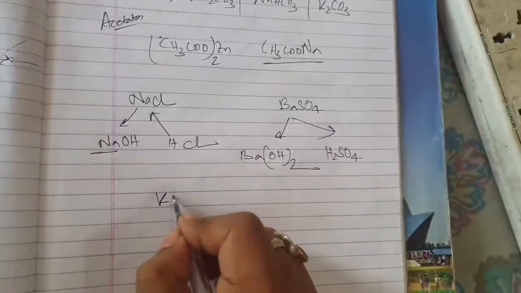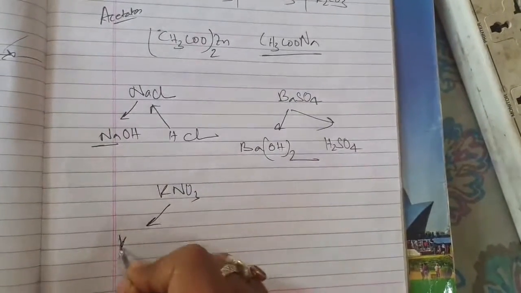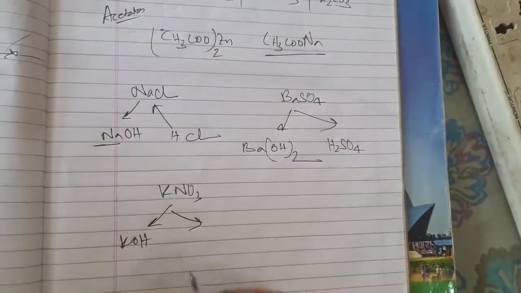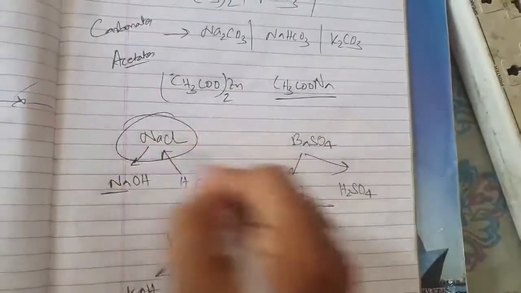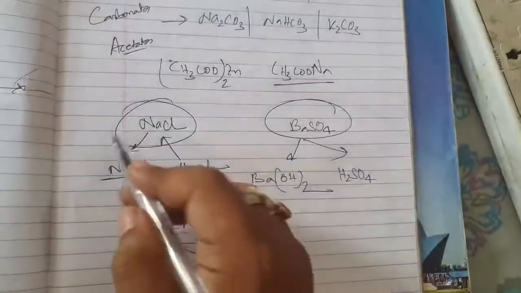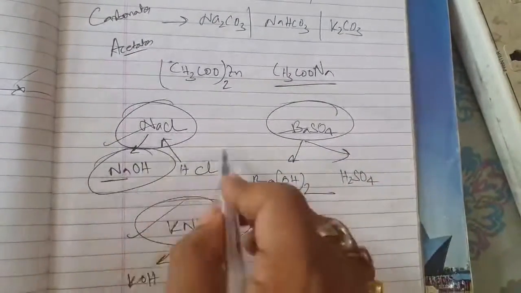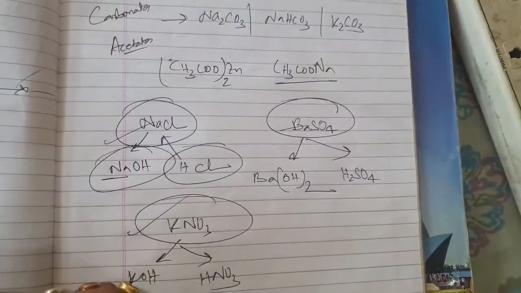Suppose KNO3 is there, it should be KOH and HNO3. So in this way, by looking at a salt, we can anticipate from which acid and which base it is coming.